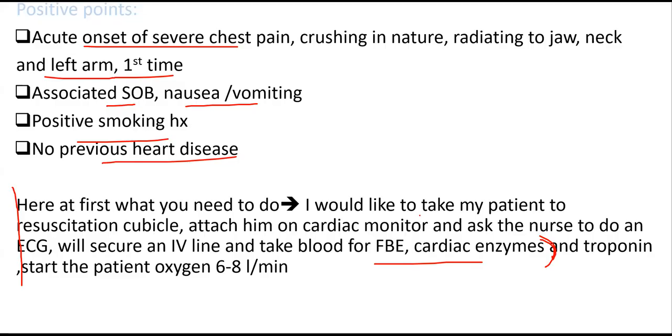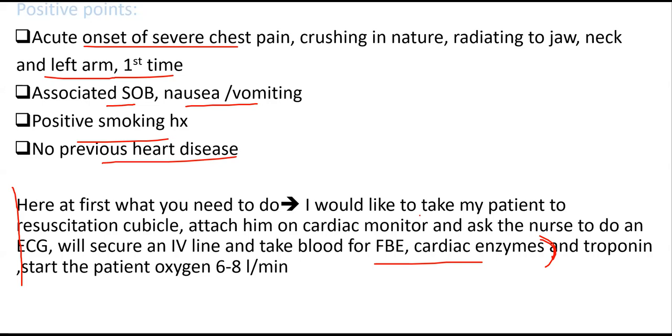Now, some of you may ask, is starting aspirin initially, even before taking the history, important and a must do? No, it's not a must do, but if you do it, it's also fine. And if you're going to do all the management at the end after taking the history, that's also fine. They're not going to fail you for that.